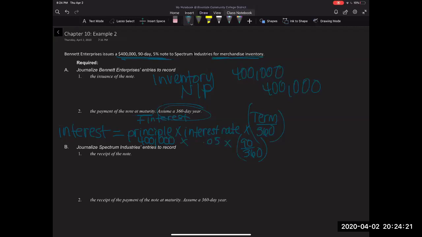So don't forget the order of operations, please excuse my dear Aunt Sally. So you have to do this part first. You have to do 90 days divided by 360. So that comes out to 0.25. Then you multiply it times the 5% interest times 400,000 of principal. And your amount comes out to $20,000.